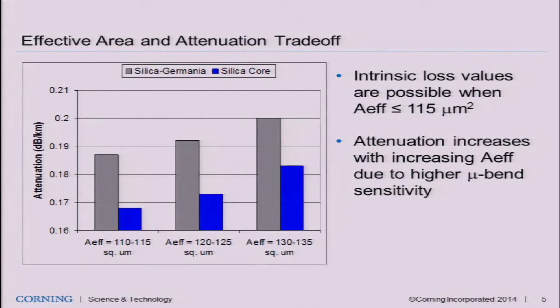So below effective area about 115, we can achieve the fiber intrinsic loss value. If we increase the effective area, then we have to use advanced fiber coating to reduce the micro-bending effect.